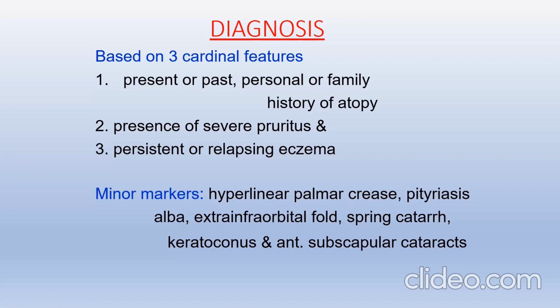So these are some minor markers of eczema. Hyperlinear palmar creases, pityriasis alba, extra infraorbital fold, spring catarrh, keratoconus or anterior subcapsular cataract.